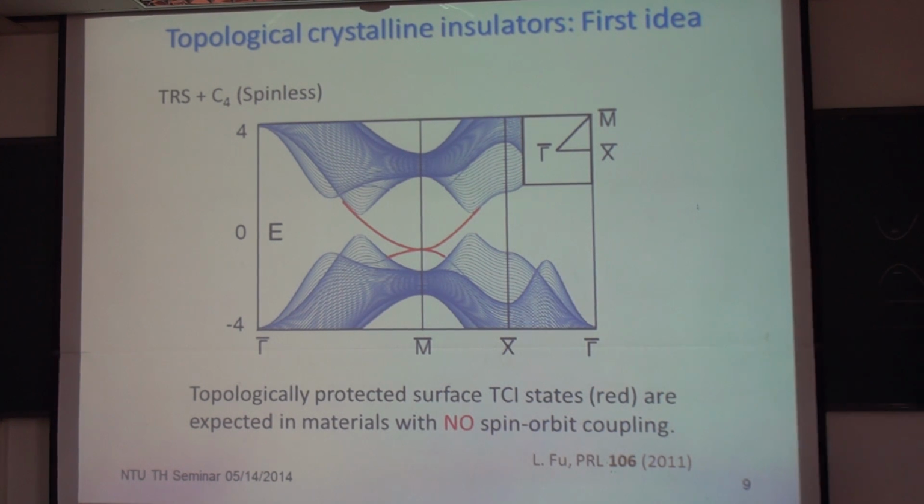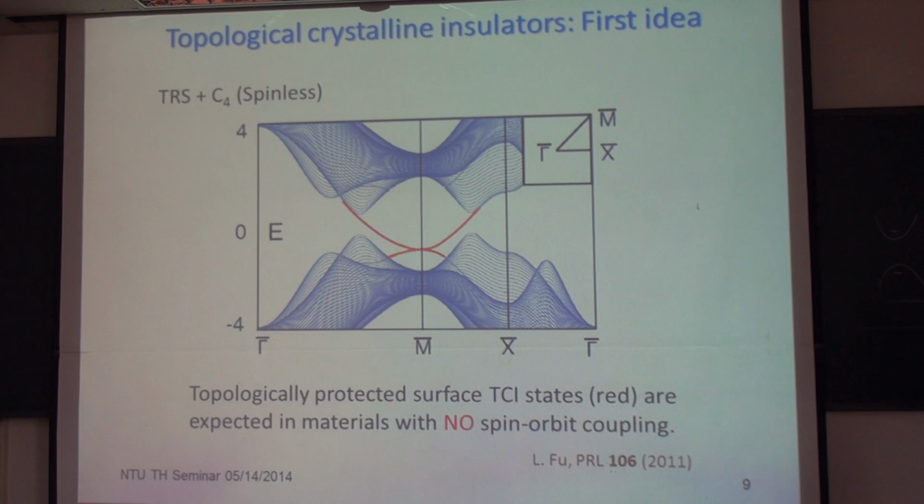Although so far all the topological materials we have found need spin orbital coupling, here in principle we don't need spin orbital coupling. But this is a specially designed Hamiltonian, in the sense that if the system possesses C4 symmetry, then its one-dimensional representation actually has 4 eigenstates.